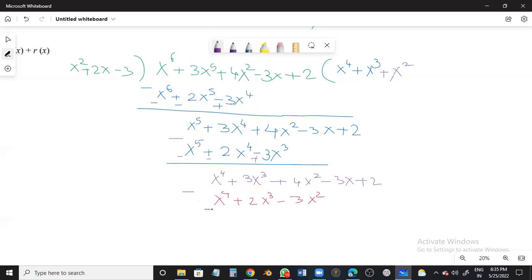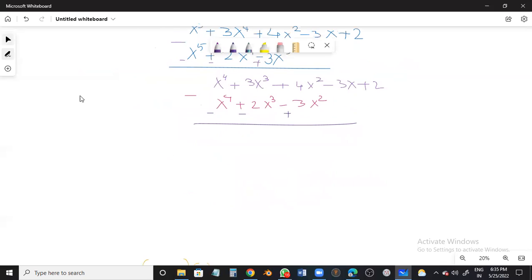This will be minus, minus, and here I have plus. Now what is the output? x cube plus 4x square plus 3x square is 7x square, but you are in Z7, so it is 0. Then it will be 0x square, so I won't record this x square. What next? Minus 3x plus 2.